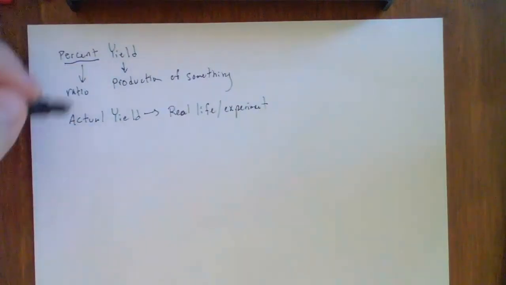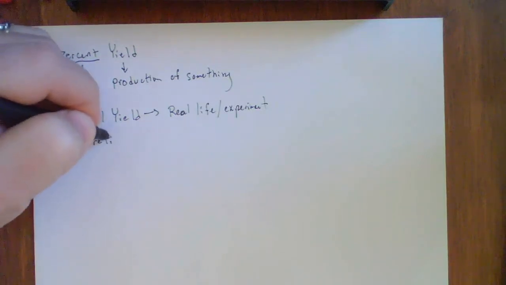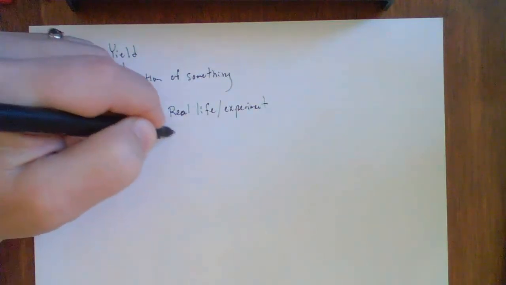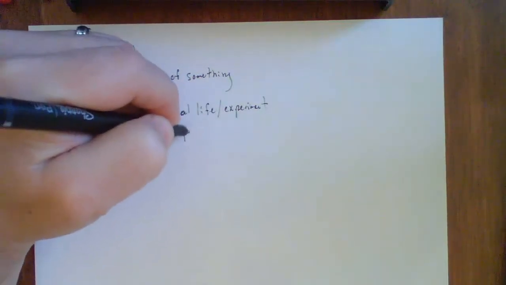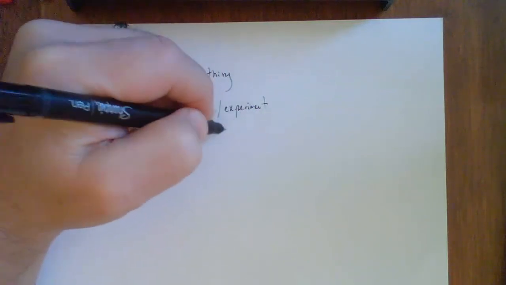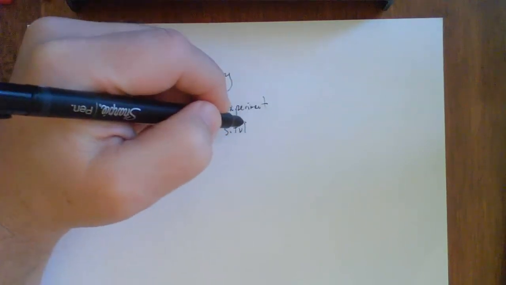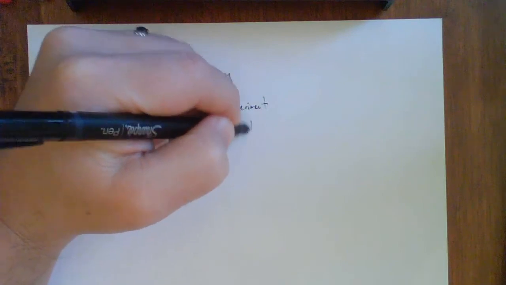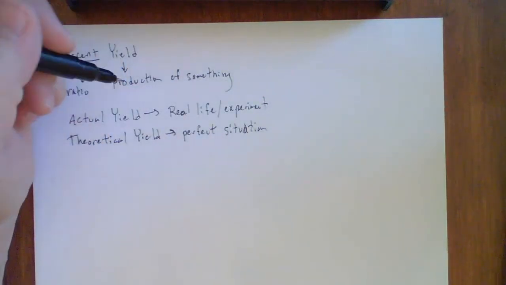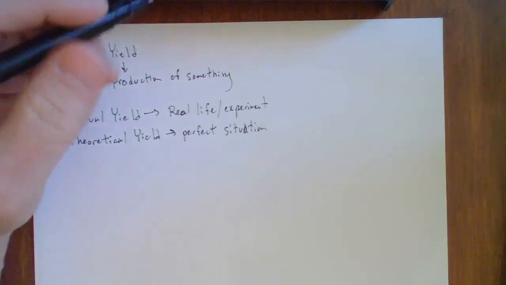When we compare that to, say, a theoretical yield, and this would be our perfect situation. Okay, so perfect situation versus the real life situation. So that's kind of how we compare these two things.